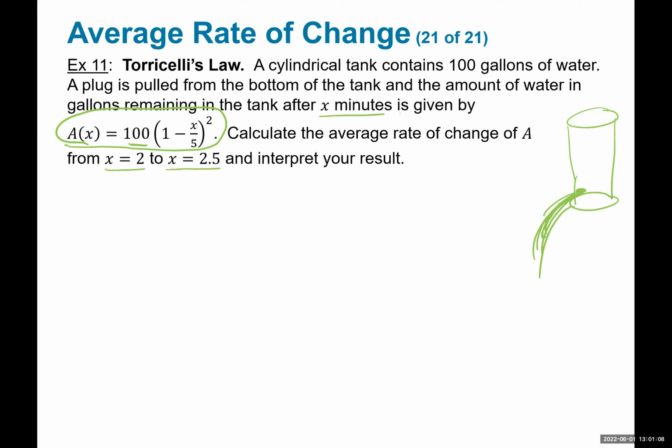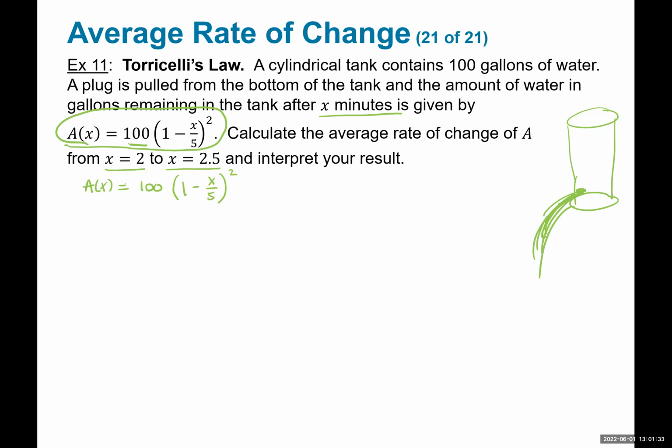Remember, x is just minutes. So from 2 minutes to 2.5 minutes, how much water is still in the tank? This is not a linear function. So the water is not leaving at a constant rate, it's leaving at some weird rate. So we have this formula, A of x equals 100 times (1 minus x over 5) squared. Lord.